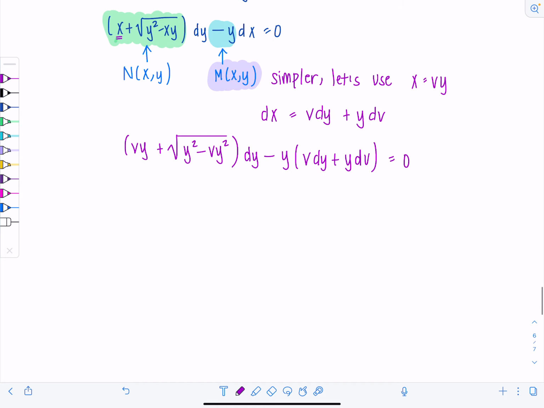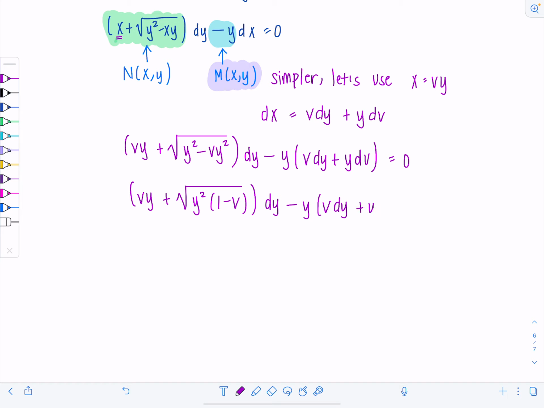All right, very good. Let's see, what can we factor out? So we've got vy plus radical y squared times 1 minus v. I can take out that y squared dy minus y times v dy plus y dv is equal to 0. Okay, I can take a y out from all the terms, right?